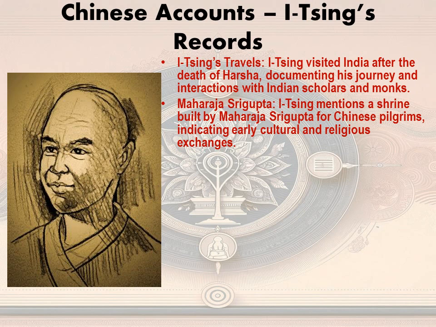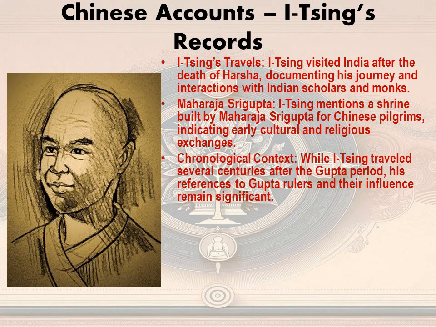So Maharaja Sri Gupta was the builder of a shrine which was specifically made for the Chinese pilgrims, and thus we understand that there was a cultural interaction between Indians and Chinese during the Gupta period.